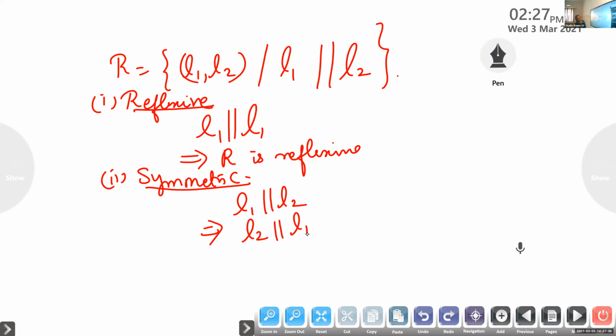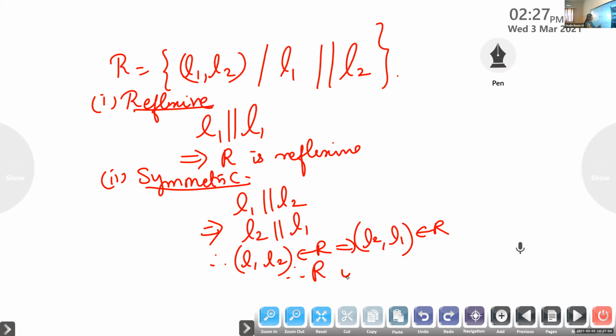Therefore, is L2 parallel to L1? Yes. Okay, therefore L1, L2 belongs to R implies L2, L1 also belongs to R. Therefore, R is symmetric.